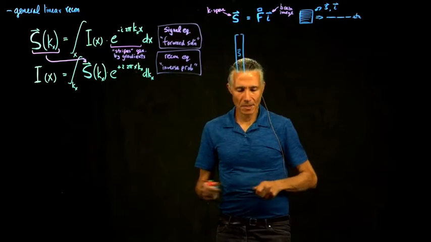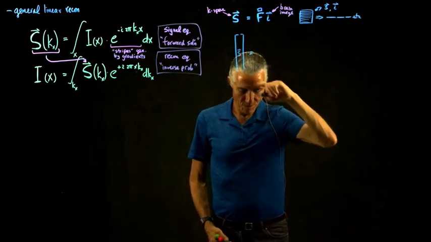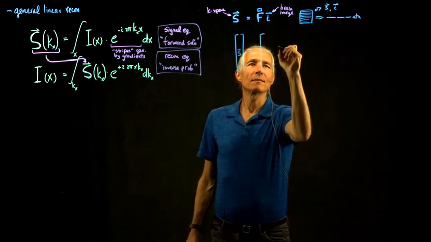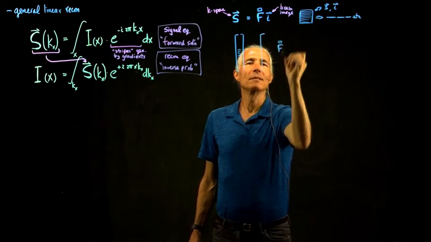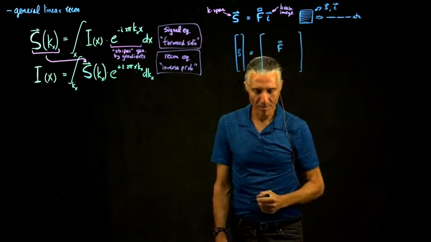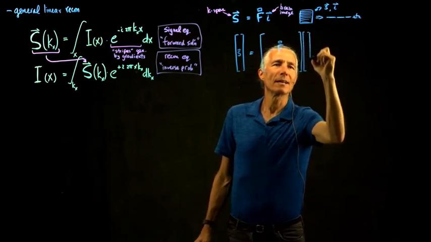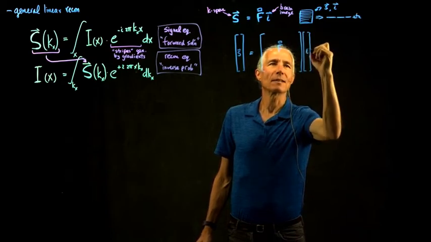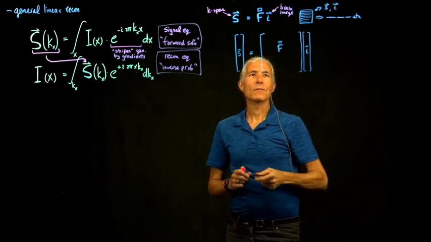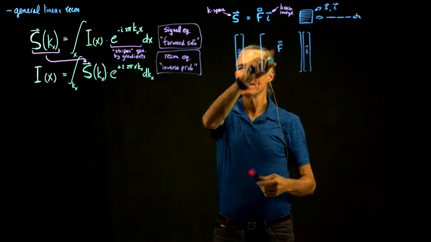So here's that column vector. This equation says the column vector is equal to this Fourier matrix. It's a whole matrix of numbers, and that is rotating and scaling our image vector. So what are the dimensions of this matrix?